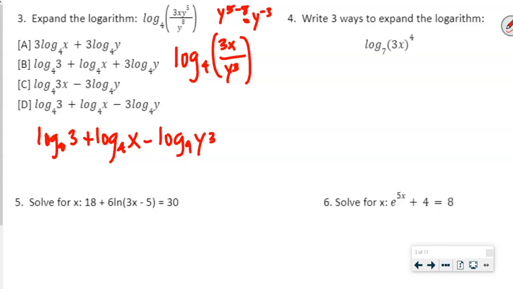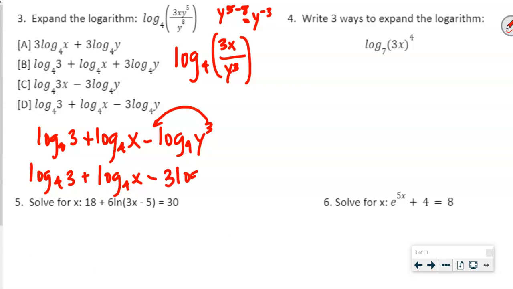Now that third power is a power, so that's going to go out front. So our final answer is going to be log base 4 of 3 plus log base 4 of x minus 3 log base 4 of y. So our answer on this one is D.